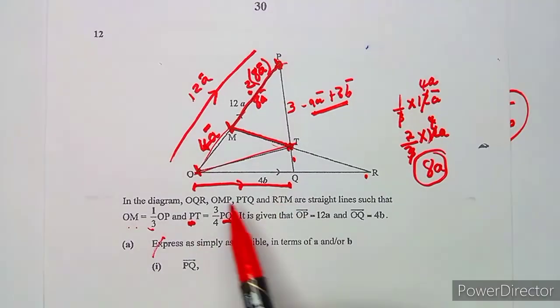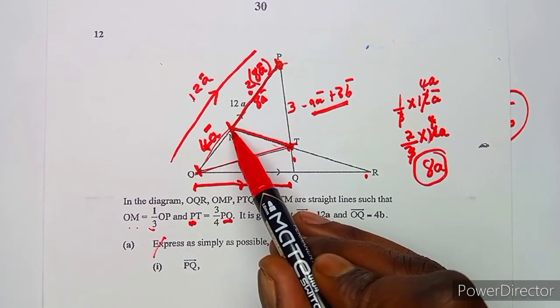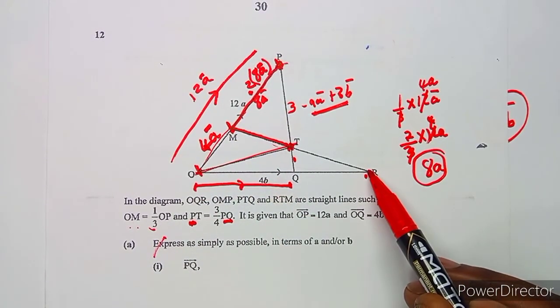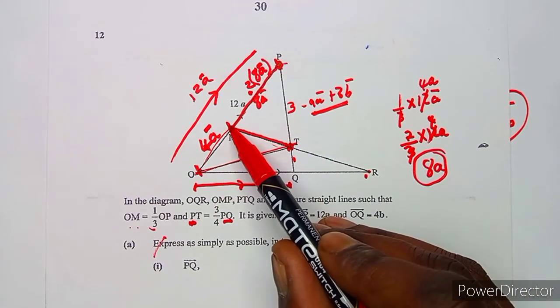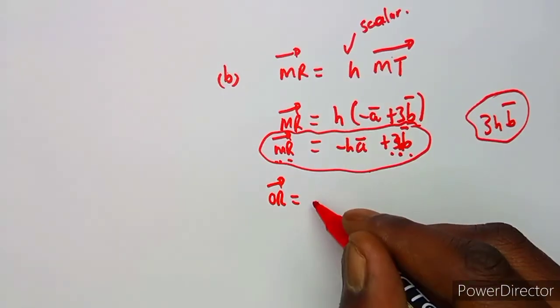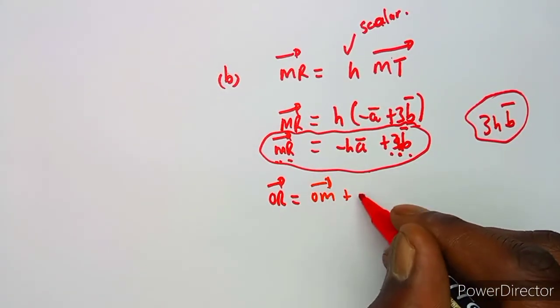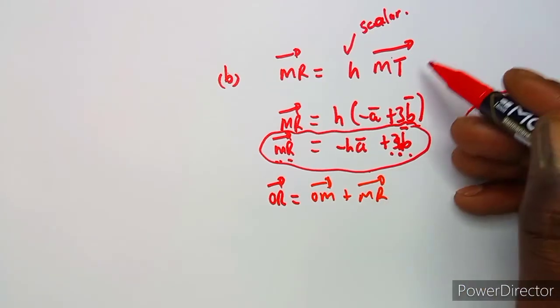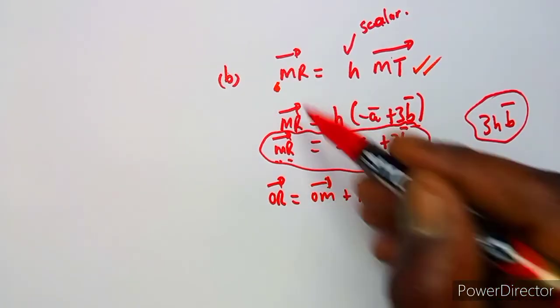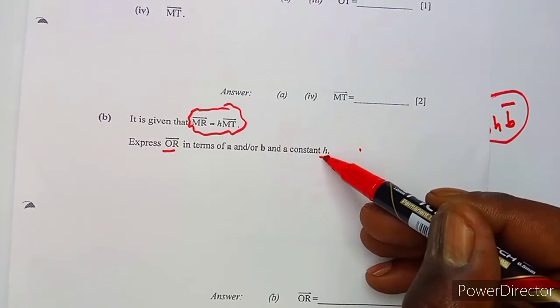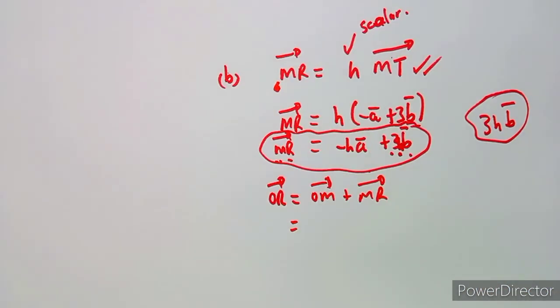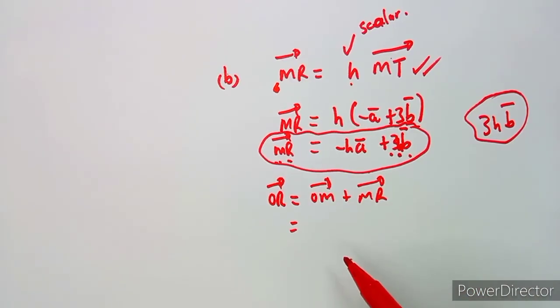We need the route from O to R, so it's OM, but M to R must be part of the route. That is why we have to be at point M, then M to R. So it is OM plus MR. Make sure the part that you are given is part of your answer, so that your answer is in terms of H, which is the constant. So you must include that part called H. OM, we have this from our diagram.